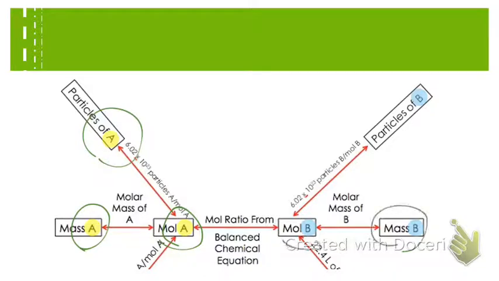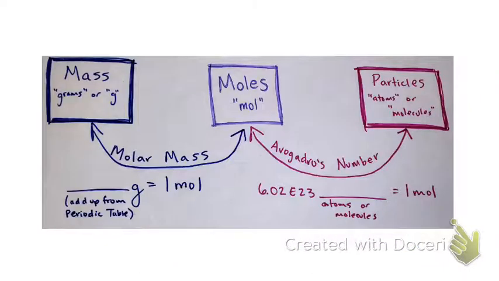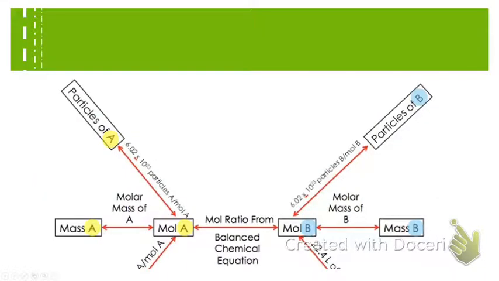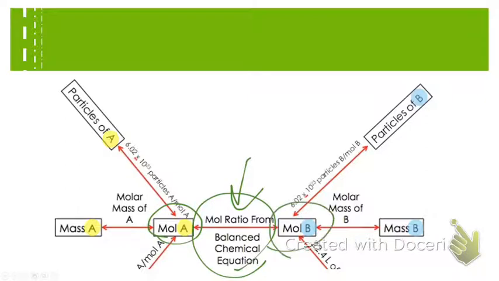Then I have mass, moles, and particles of a different substance B over here. So it's that same conversion that we were doing before. Here, it's just technically 2 of them in the same map, and they're connected by this mole ratio idea. Mole ratios help me convert from moles of one substance to moles of the other. Now, I did cut off the bottom bit because we're not going to get to that yet. That'll be in unit 12 or something.